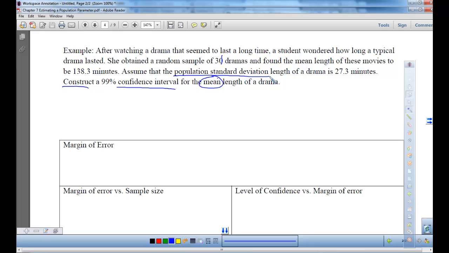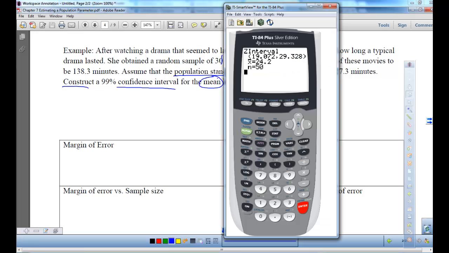And so we can just do it on our calculator. We go to Stat, Test, Option 7. My population standard deviation is what? 27.3. My mean is 138.3. Very good.